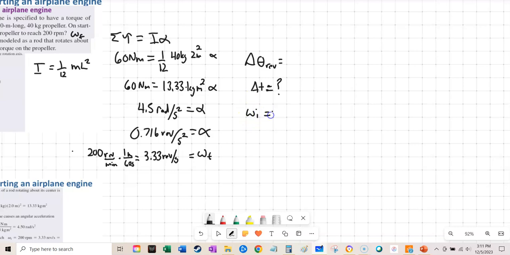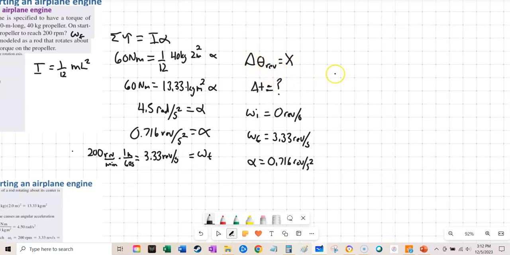Omega initial is going to be 0 revolutions per second. Omega final, we just figured out and converted to seconds. And then alpha is going to be 0.716 revolutions per second squared. The only variable that we do not have is theta in revolutions.